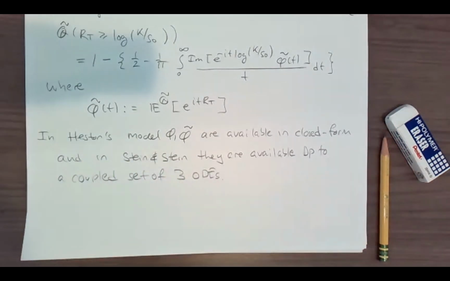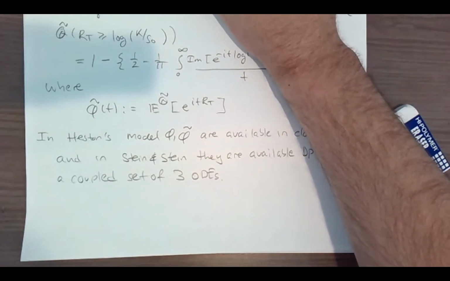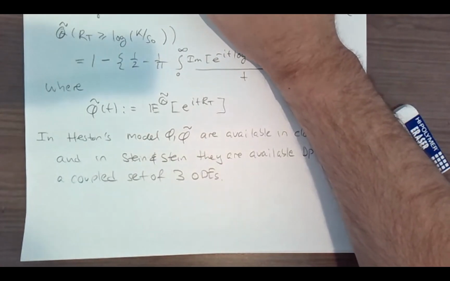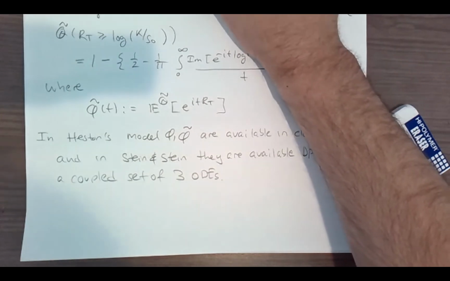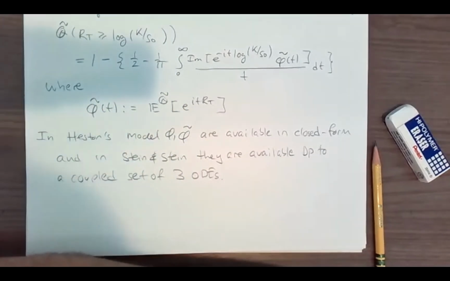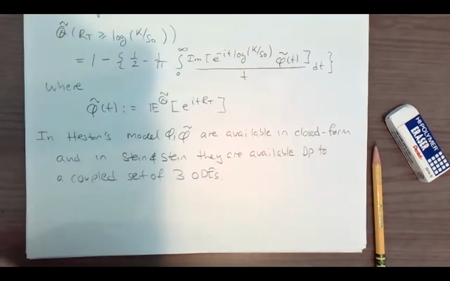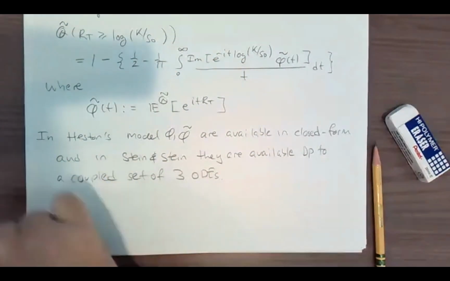Any questions so far? Are we good? So let me take you through how to get the characteristic function in Heston's model.